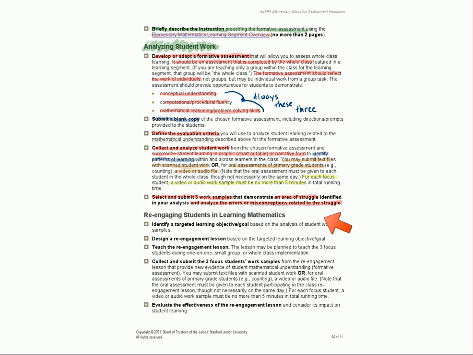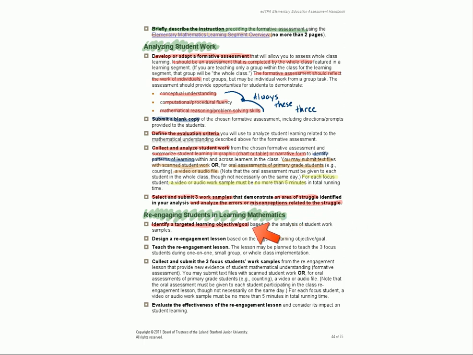All right? So that's analyzing student work. This is a significant, important part of task 4. All right? Everything that you do following that, the re-engaging students to learn mathematics, has to come from your good analysis. All right? So let's think about re-engaging students in learning mathematics.